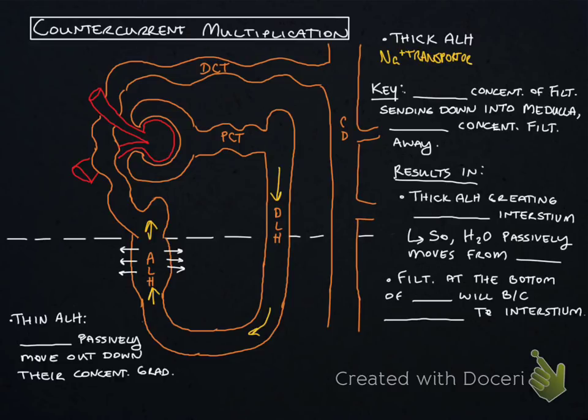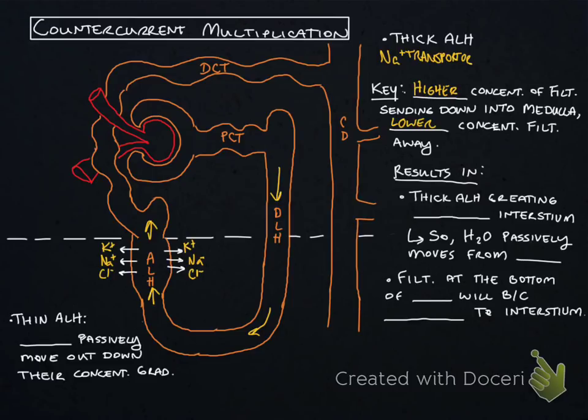It uses ATP here to ship out some sodium, along with other things like potassium and maybe even chlorine. And the key thing here is that the higher the concentration of fluid or filtrate sending down into the medulla, the lower the concentration of the filtrate is going away.